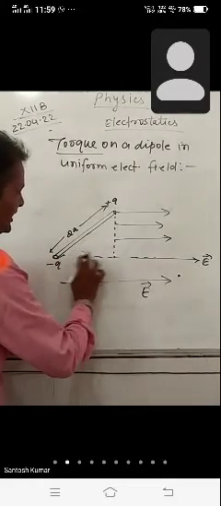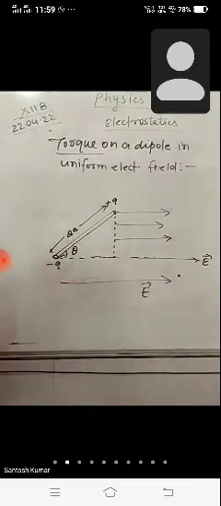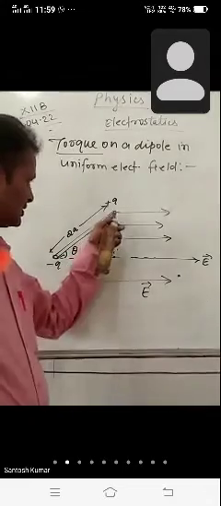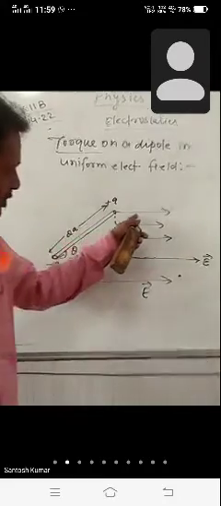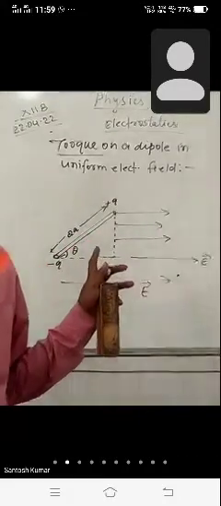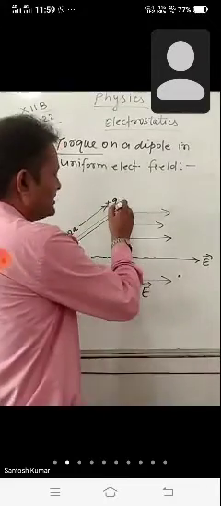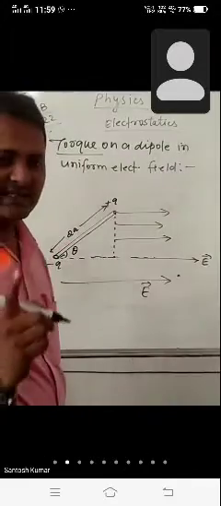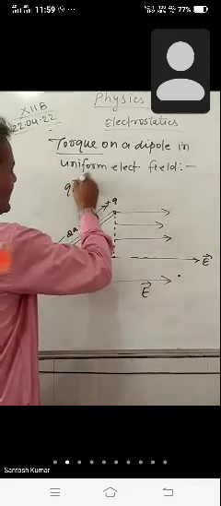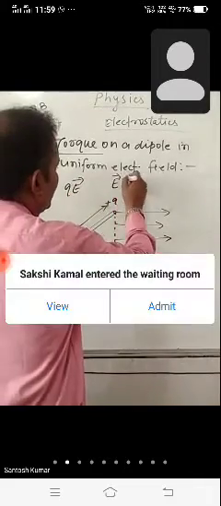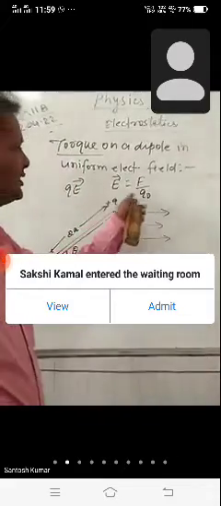This is the angle at which it has been placed, that is theta. This is a dipole which has been placed in a uniform electric field. Parallel lines show the uniform electric field. The electrostatic force on this point, we had shown, is qE, since the electric field is F by q, so F is E into q.